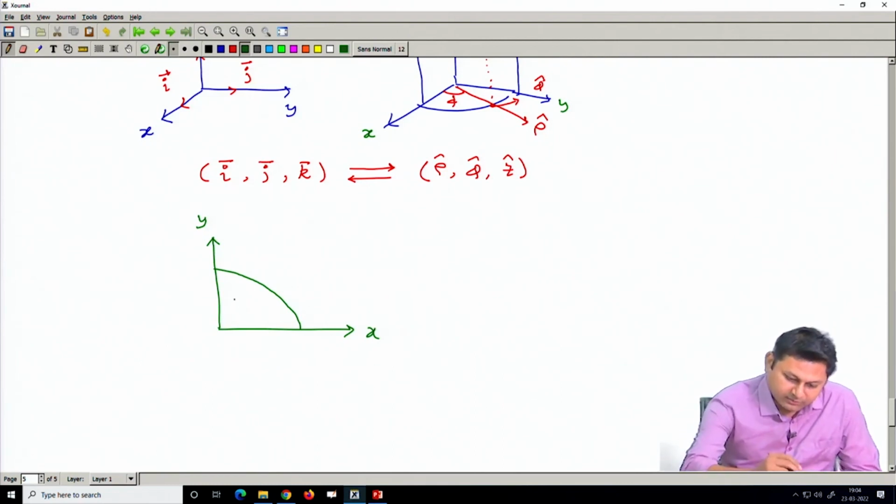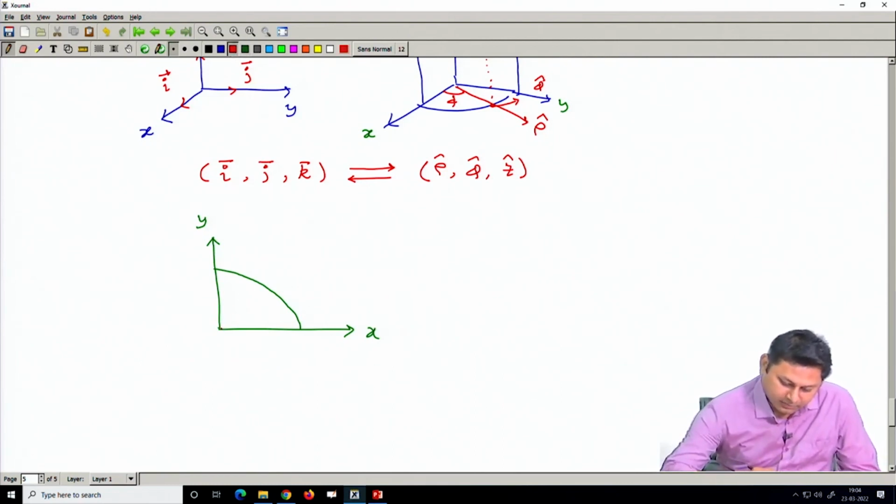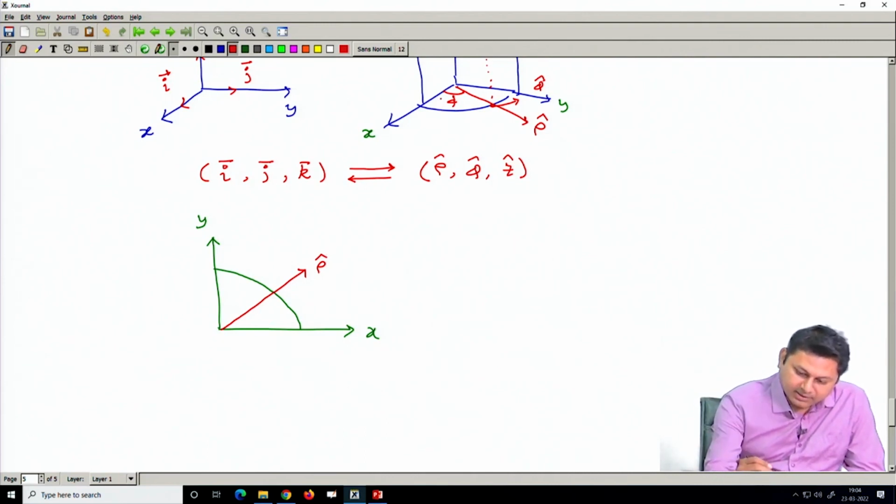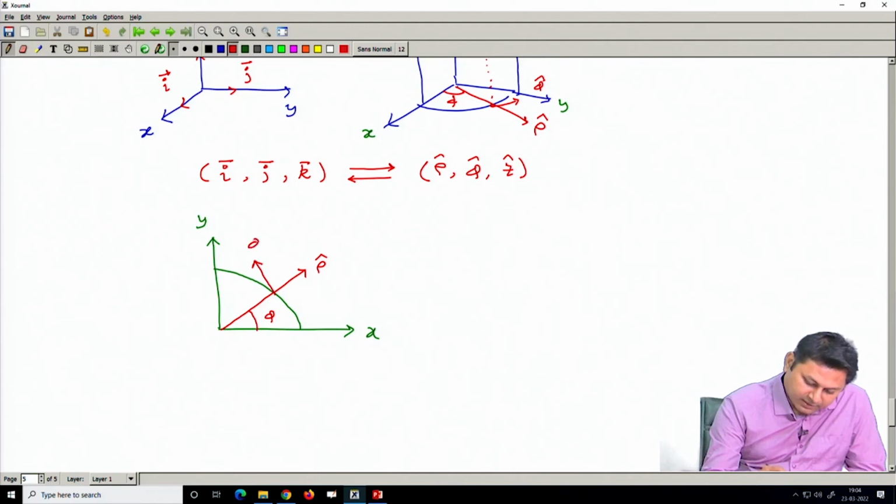Rho, if you look carefully, is defined from here to here along this direction. It is rho along this direction, this is a unit vector. Phi is calculated from x to rho, so the phi should be from here to here, this is my phi, and the unit vector of phi should be tangential to this point. So, this is my unit vector phi, and z is perpendicular to the plane.